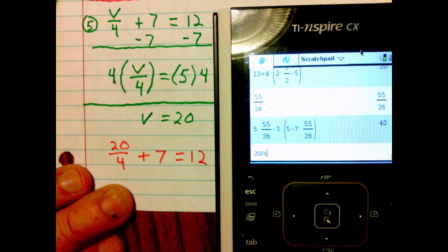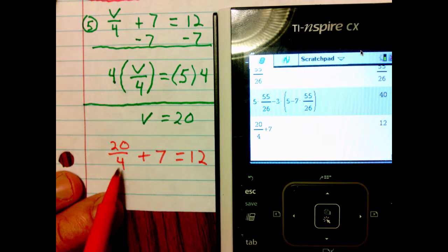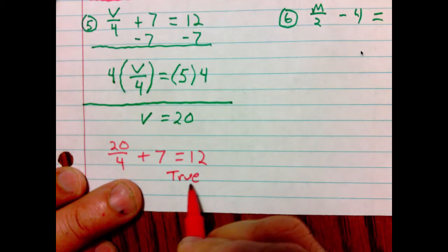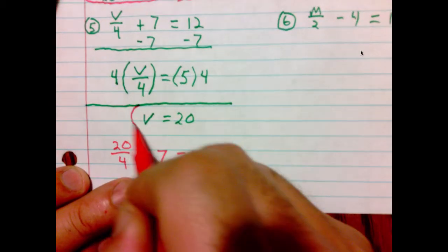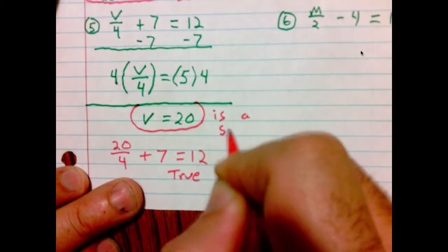Divided by 4 plus 7. Indeed, that is 12. 20 divided by 4 is 5. 5 plus 7 is 12. This statement is true. Since this statement is true, I can say v equals 20 is a solution.